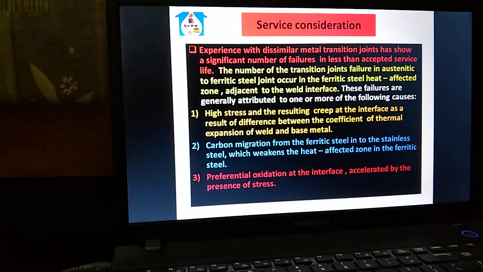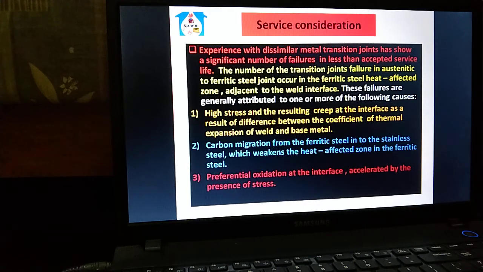Even with such consideration, experience with dissimilar metal transition joints has shown a significant number of failures in less than the expected service life. The number of transition joint failures in austenitic to ferritic steel joints occur in the ferritic steel heat affected zone adjacent to the weld interface.